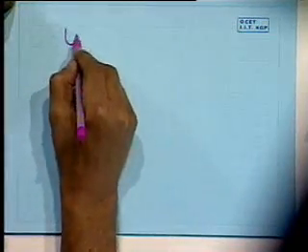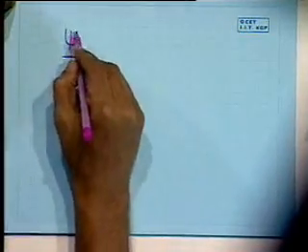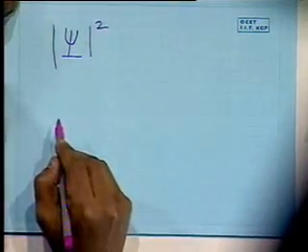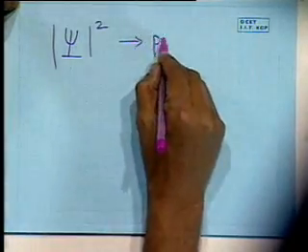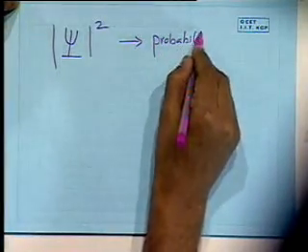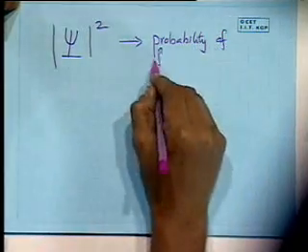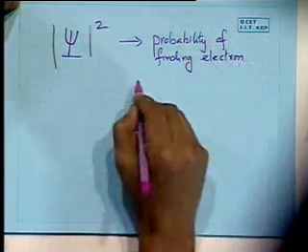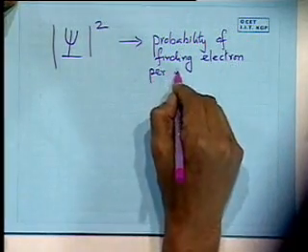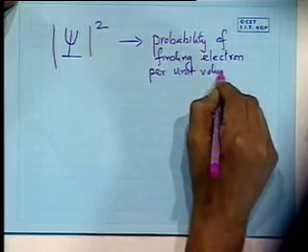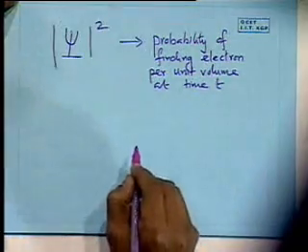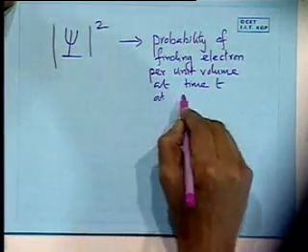But psi itself has got no physical significance. The square of the amplitude, okay, if we take psi and we take the amplitude squared, that gives us the probability of finding the electron per unit volume at a time t, at a specified coordinate x, y, z.